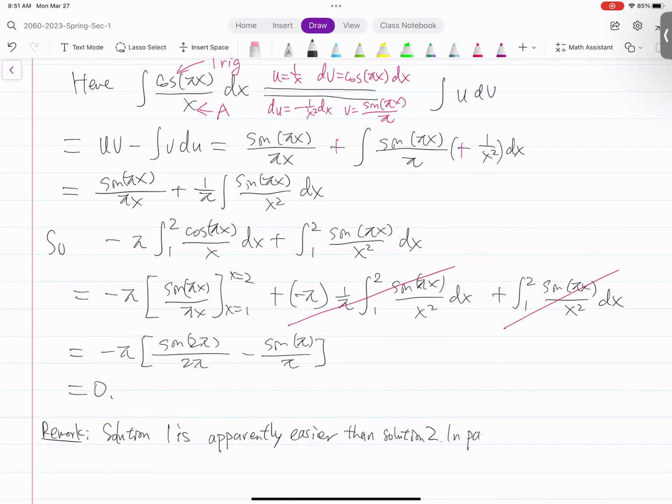In practice, it is wise to choose the integration order that gives simpler results.